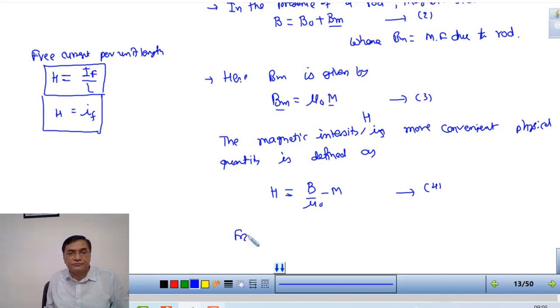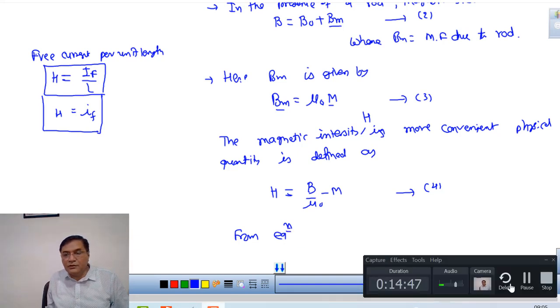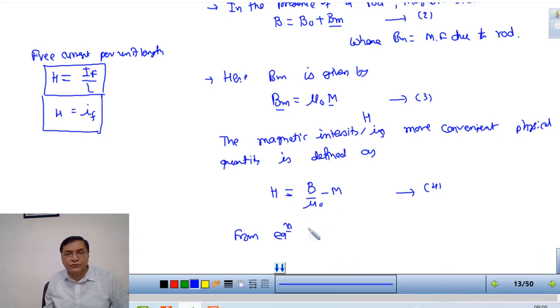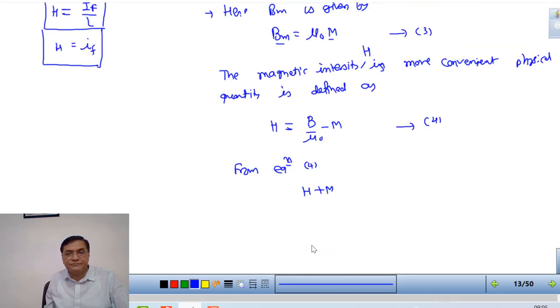So from equation 4, what do we write? H plus M is equal to B upon μ0.